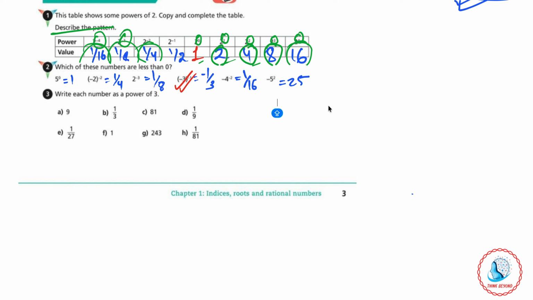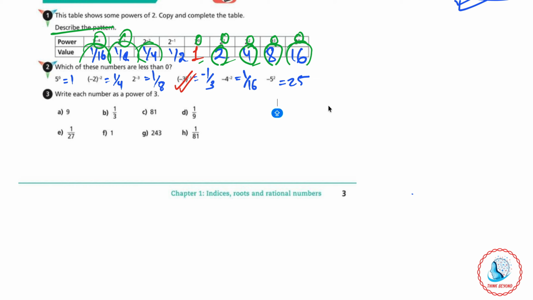Now for question E, it says 1 over 27. So you can write 1 over 3 times 3 times 3, which is 1 over 3 raised to power 3, which is 3 raised to power minus 3.